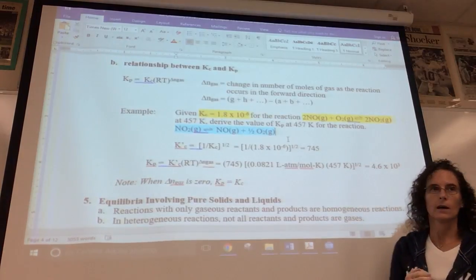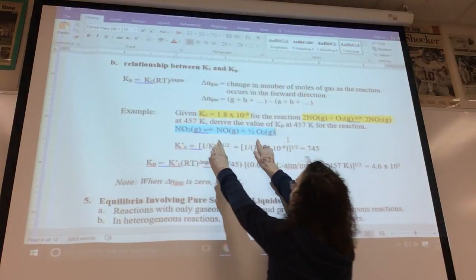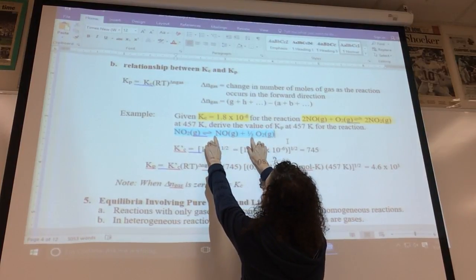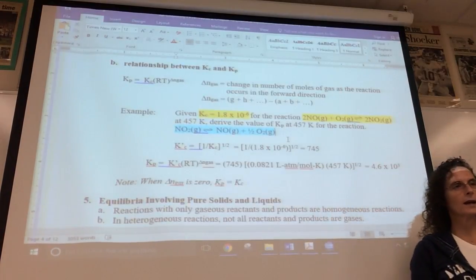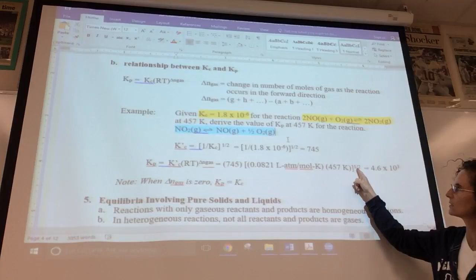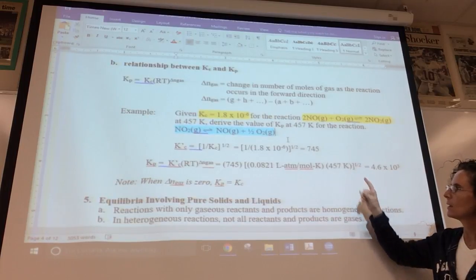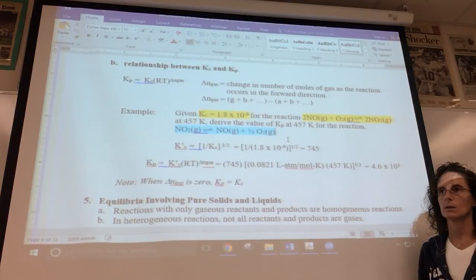The delta N of the gas is the sum of the coefficients of the gaseous products, which is 1.5, minus the coefficient of the gaseous reactant, which is 1. So that's where this 1/2 comes from. That's the delta N of the gas. 3/2 minus 1 is 1/2.